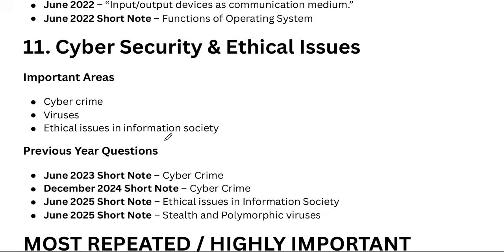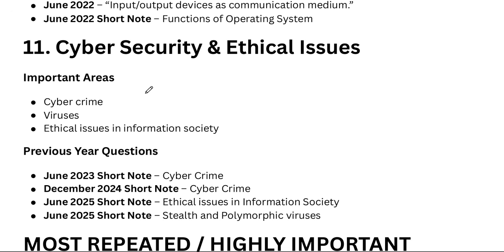The next one, the final most important topic of MMPC-008, is cybersecurity and ethical issues. We know that a lot of crimes and problems surround AI, and also information systems using computers and everything.